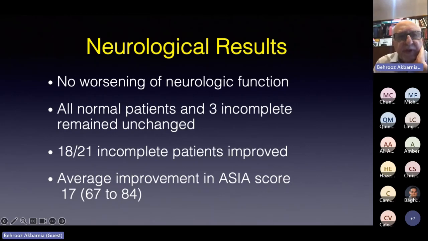Neurologic results was no worsening of the neurologic function; all normal patients stayed normal, and 3 incomplete patients remained unchanged, but 18 out of 21 incomplete patients improved. Average improvement in ASIA score was from 67 to 84.